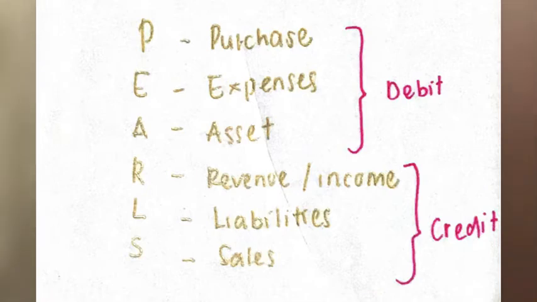These PEA are for debit. R stands for revenue or income, L for liabilities, S for sales. These RLS are for credit. So if you remember PEARLS, you will remember debit and credit very easily.